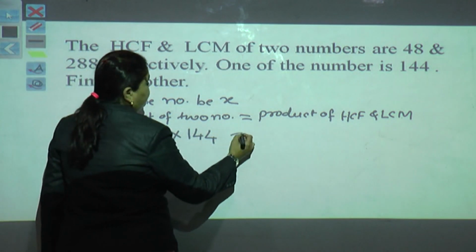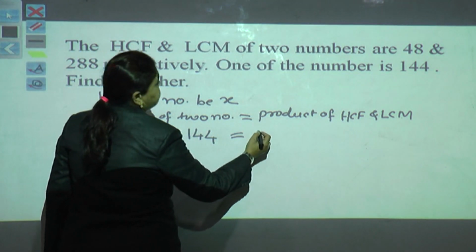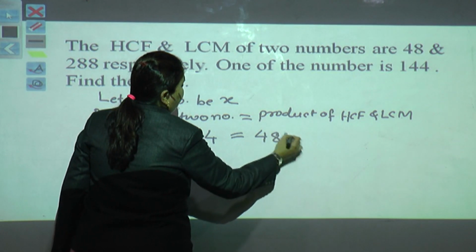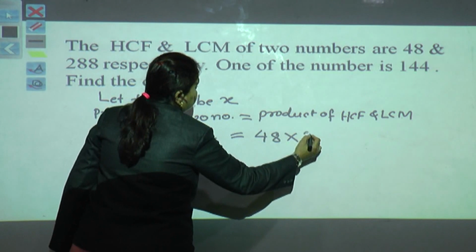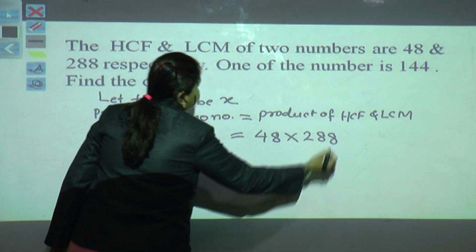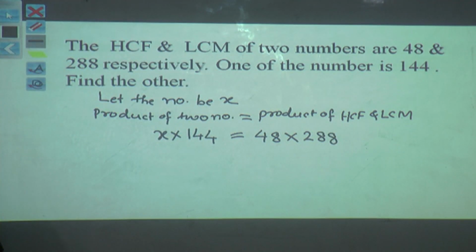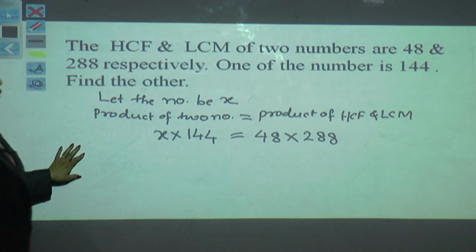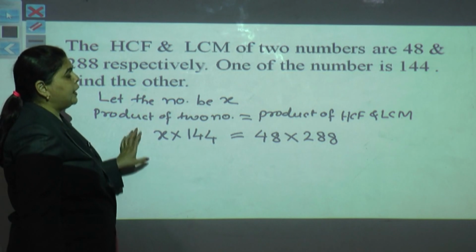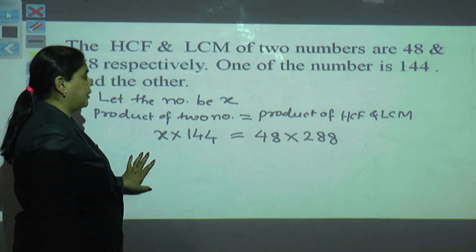This is equal to HCF, which is given as 48, and the word is product, so we multiply, by LCM, which is 288. It is new to you, just pay attention. I will give very easy steps to solve it.